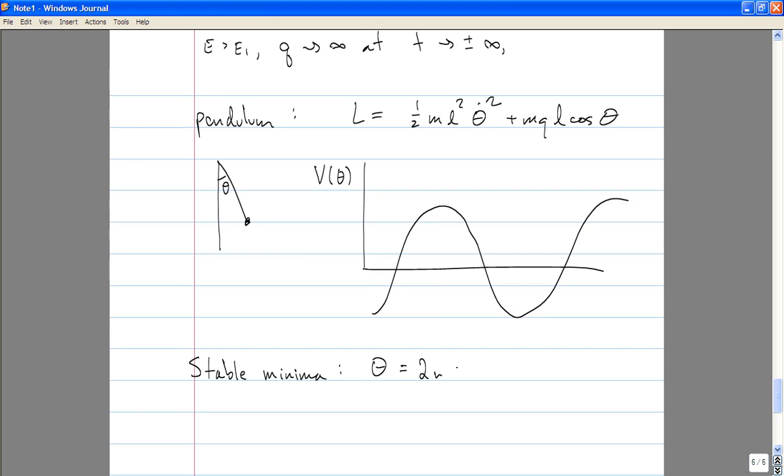So that would be here, here, and so forth. This would be theta equals 0 and theta equals 2 pi. And it has unstable maxima, where theta is equal to an odd number times pi. So here, for example, is pi, 3 pi, and so forth.